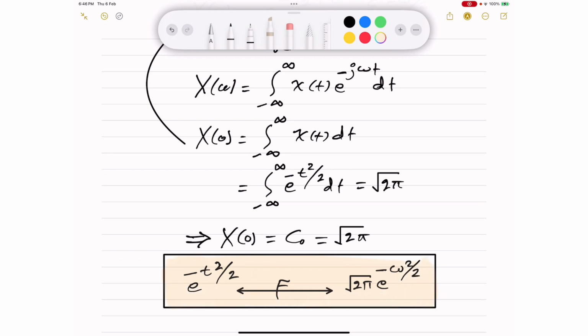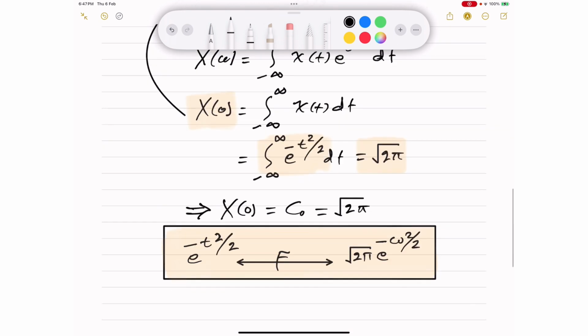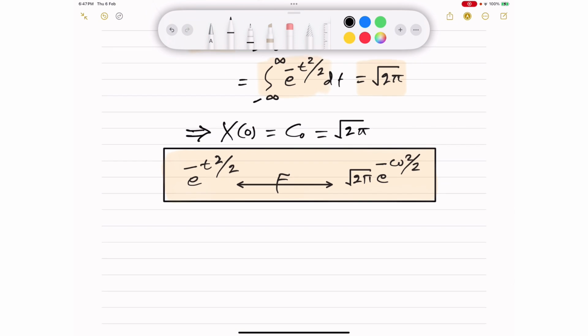Now we're left with one last thing, which is how we decided that X of 0, which is this integral here, is equal to the square root of 2 pi. So here I'll put a remark.